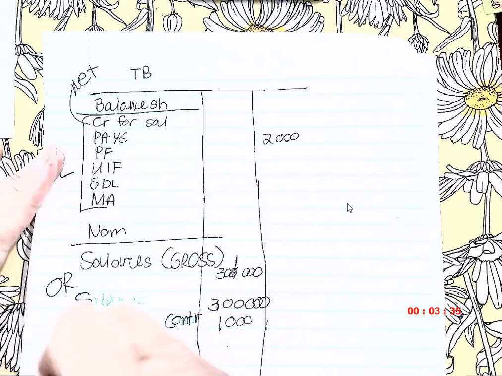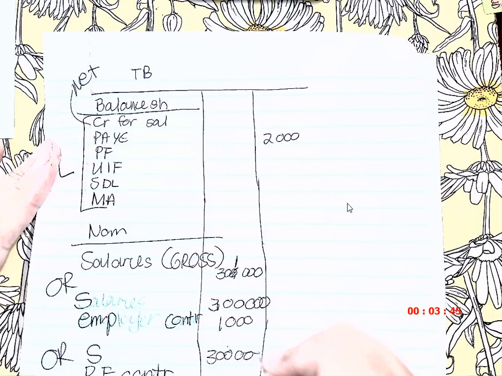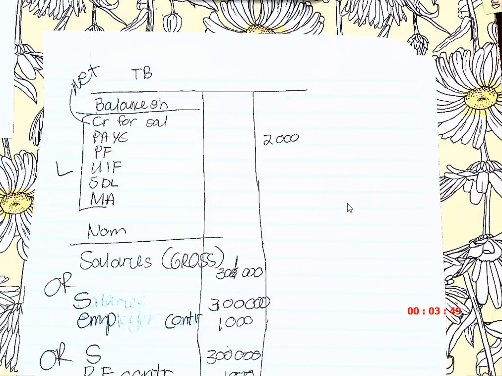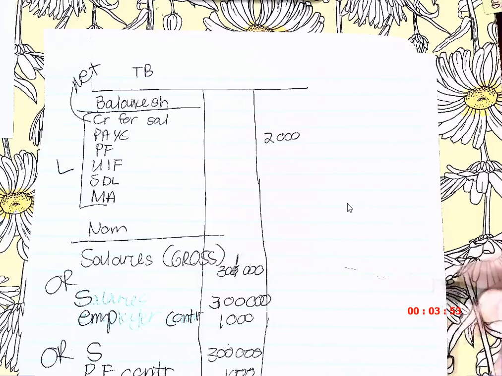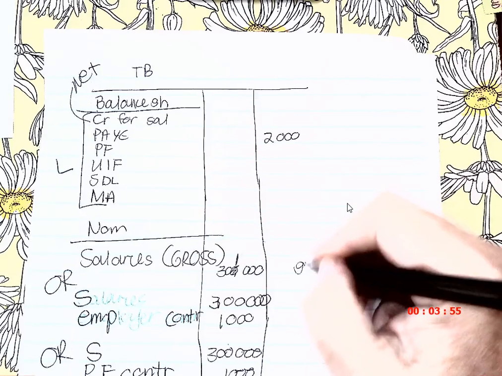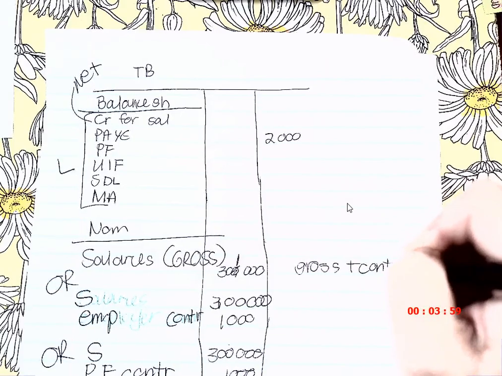Or they can say salaries, pension fund contribution, 300,000, 1,000. Can you see the three different options? So the one is everything, the gross and the contributions. So this is the gross and the contributions is inside the word salary.